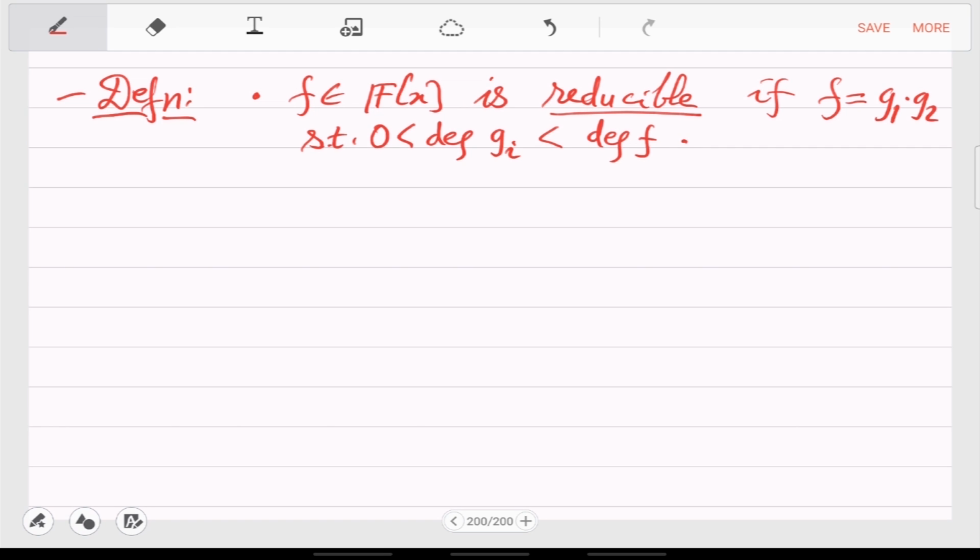Okay, so in this case g1 is a non-trivial factor of f, and so is g2. So this is a non-trivial factorization. If there is a non-trivial factorization, then we call f reducible. And if this doesn't happen, we call f irreducible.